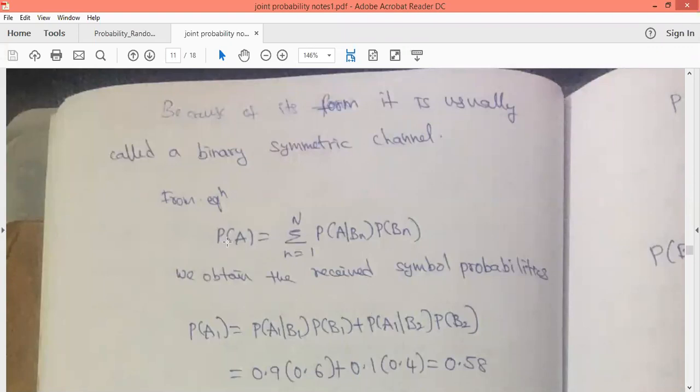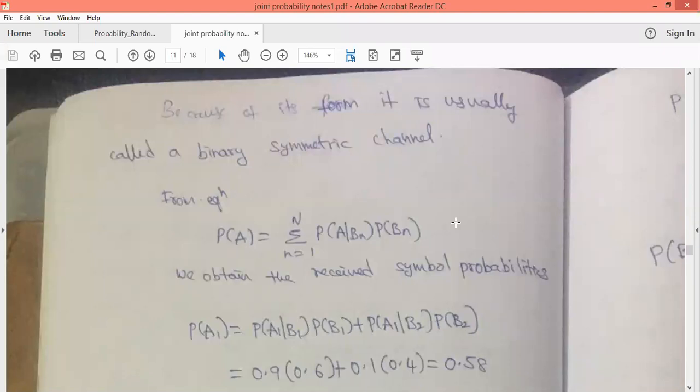Okay, now let's find the probability of getting A1. In the place of A, we substitute A1. So probability of A1 will be equal to probability of A1 given B1 into probability of B1, plus probability of A1 given B2 into probability of B2, because at the input side there are only two possibilities, B1 and B2.